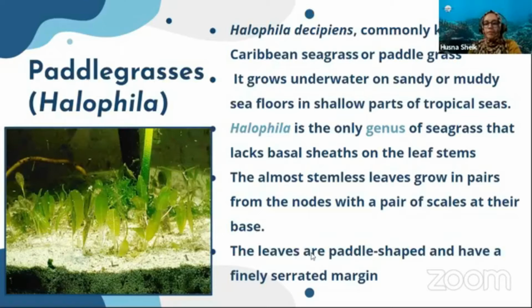The leaves are petal shaped and they have finely serrated margins, a small zigzag kind of edge. So the leaves appear in pairs, two. Okay, so that's all about Halophila.